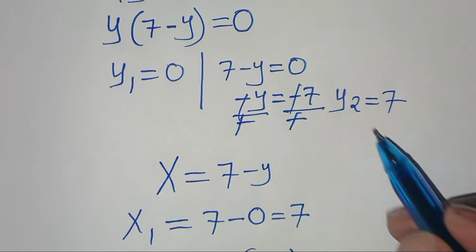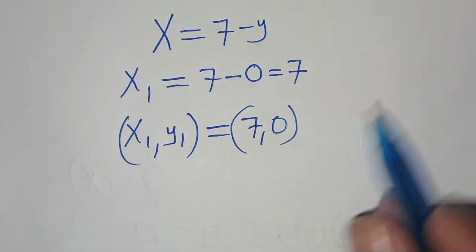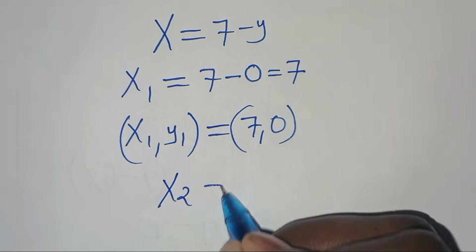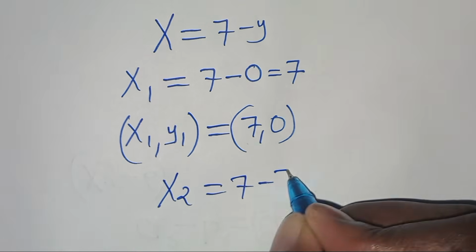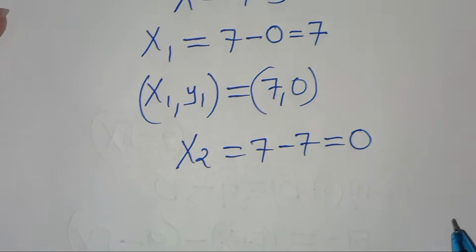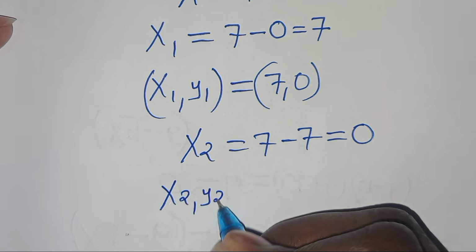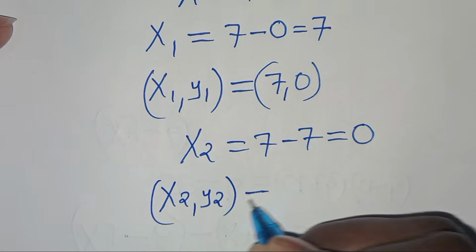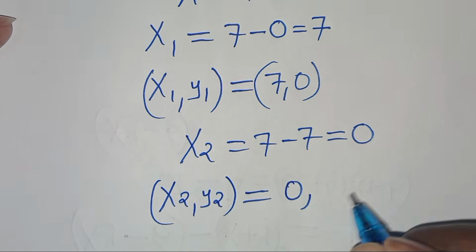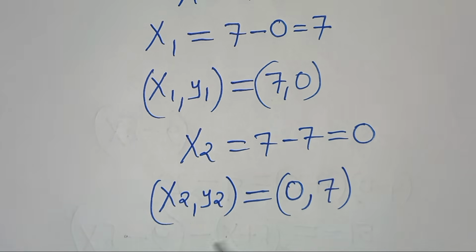And we have y2 is equal to 7. So when y2 is equal to 7, the value of x2 will be equal to 7 minus 7, and this is equal to 0. So x2 comma y2 is equal to 0 comma 7.